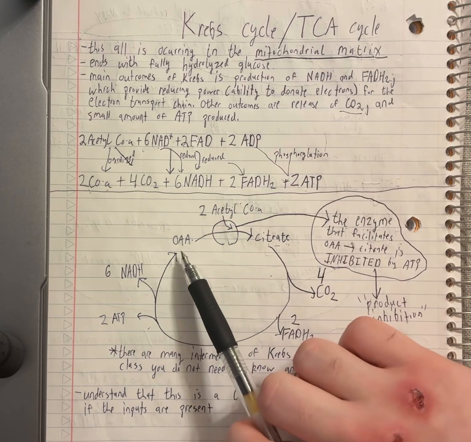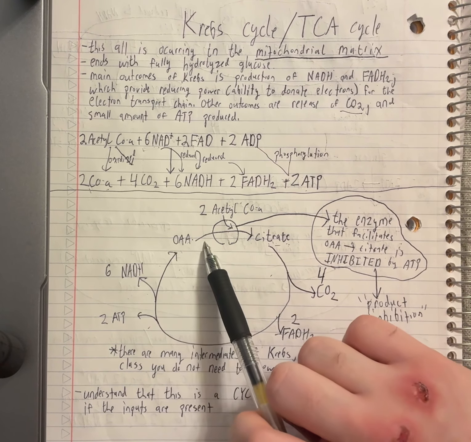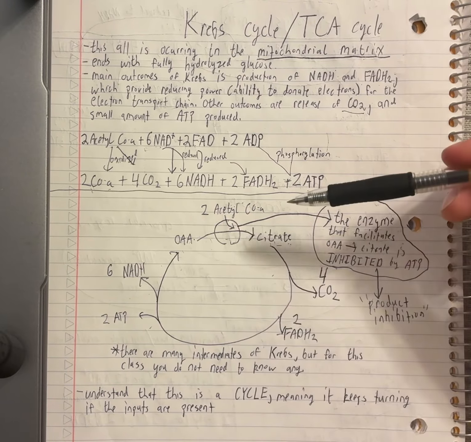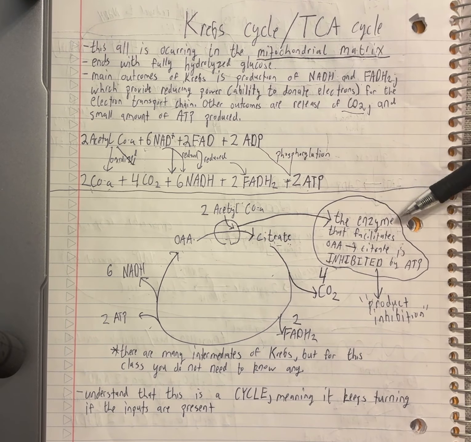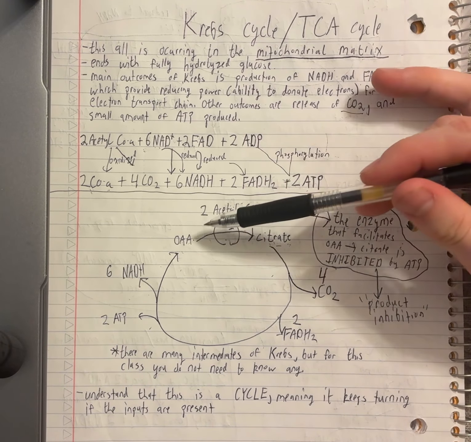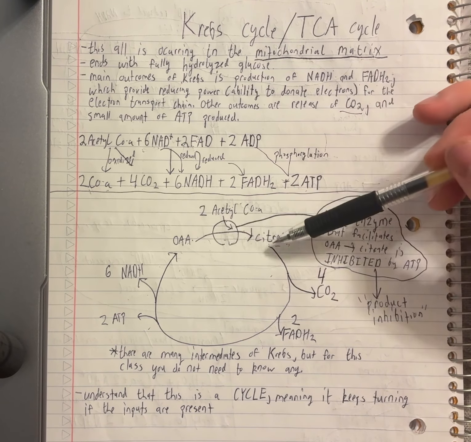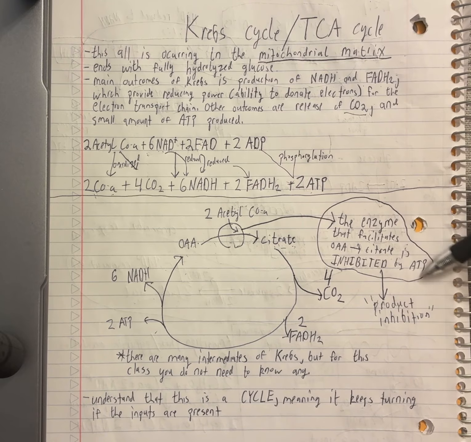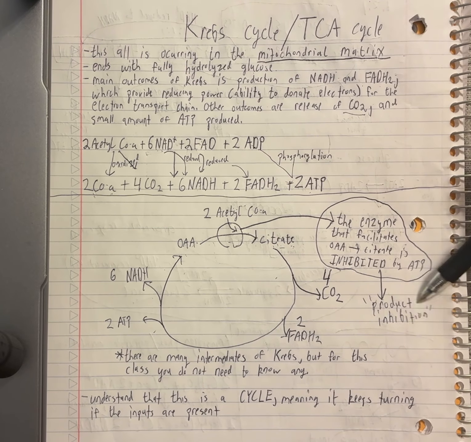The only reason I included these two is because it's important to know that the Krebs cycle is going to slow down in the presence of high ATP. The enzyme that facilitates the conversion of oxaloacetate into citrate is inhibited when there are high levels of ATP. This is called product inhibition.